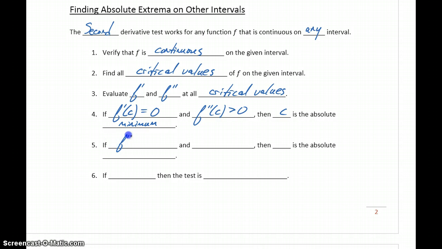If the first derivative evaluated at c equals 0, and the second derivative evaluated at c is less than 0, then c is an absolute maximum.